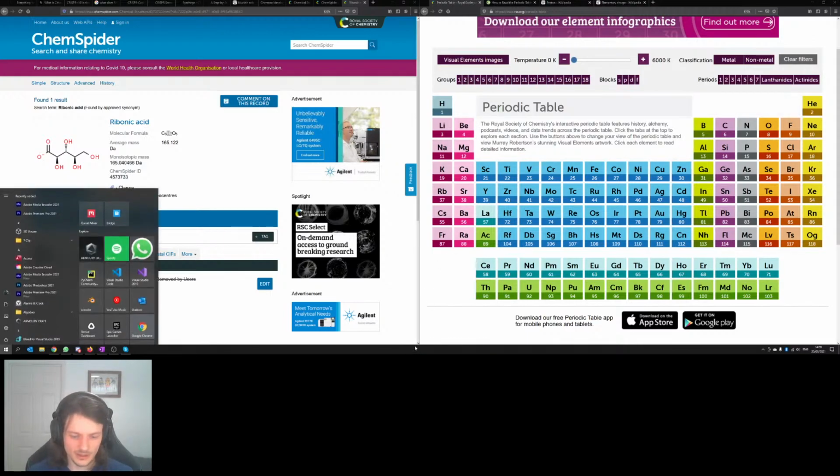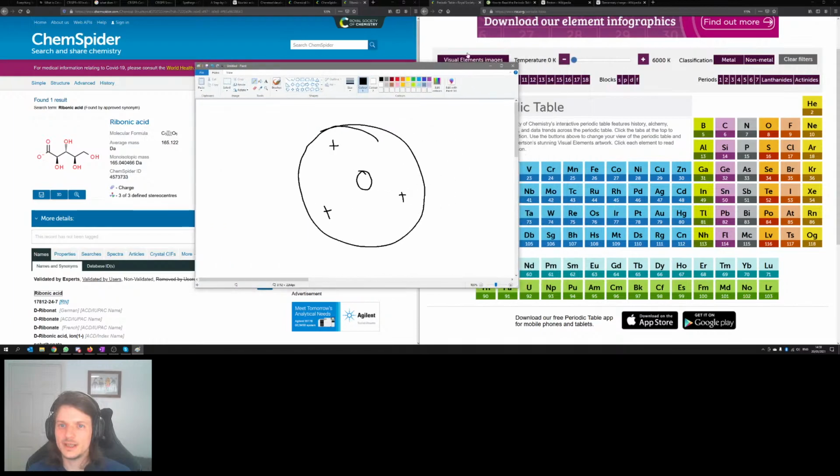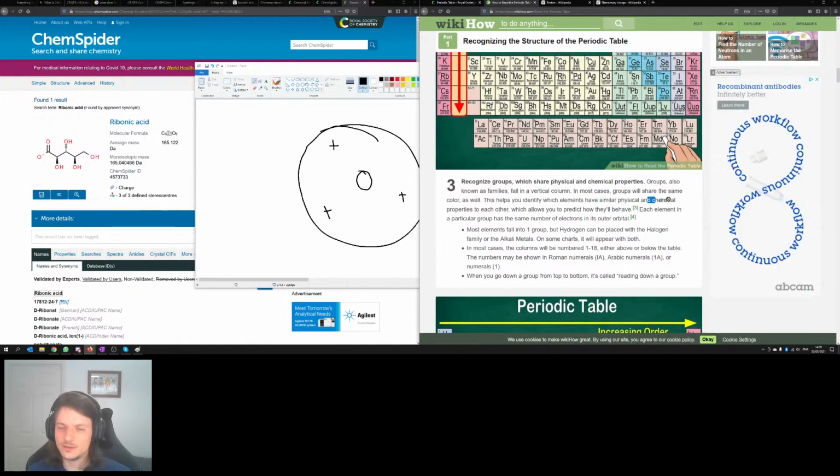So at the moment I'm thinking, I know this is such elementary stuff, but I'm considering it to be like this sort of thing. Each element in a particular group has the same number of electrons in its outer orbital.